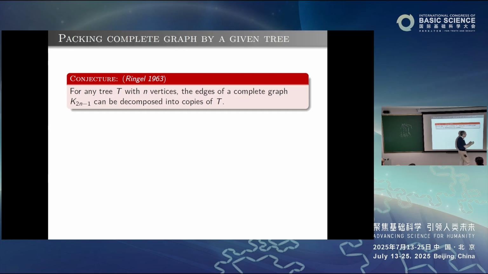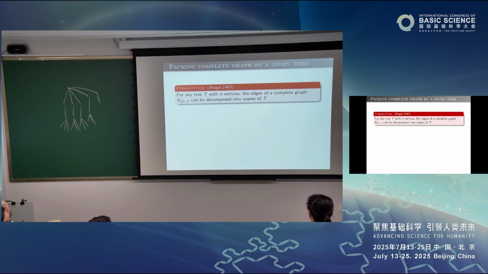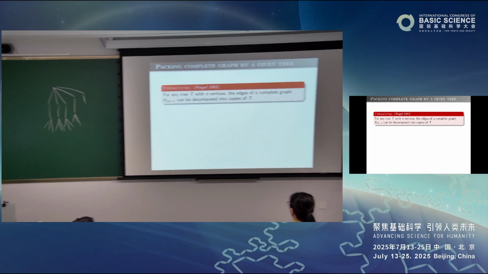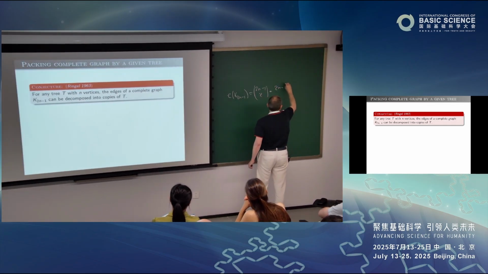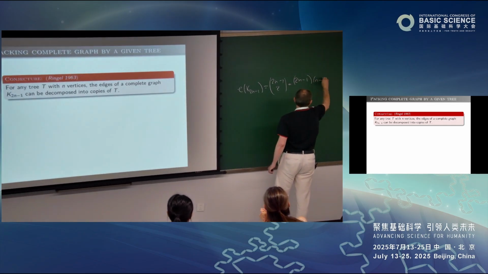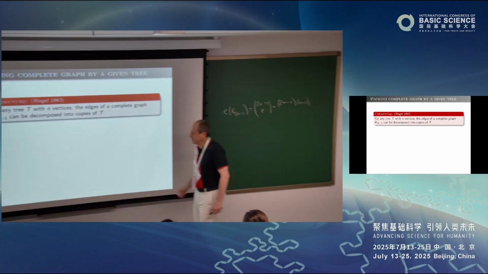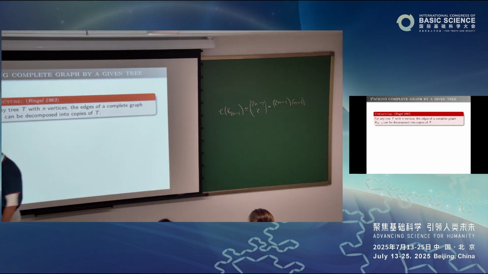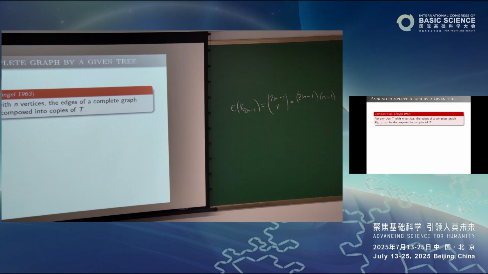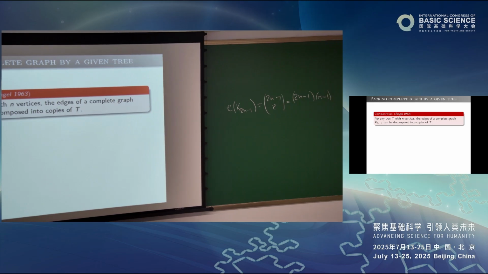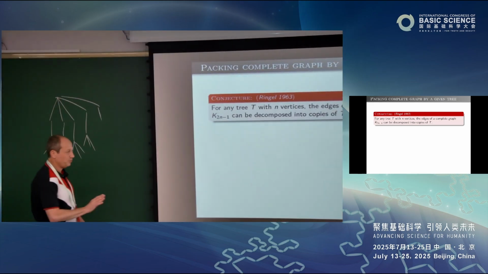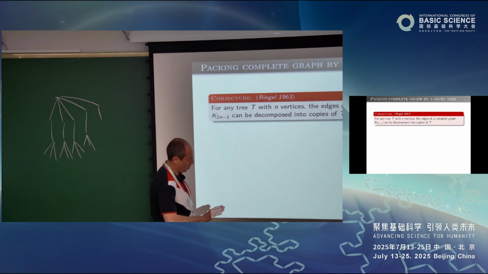The complete graph on 2n minus 1 vertices has (2n minus 1 choose 2) edges, which is (2n minus 1) times (n minus 1). Then Ringel said, pick your favorite tree on n vertices. This tree on n vertices has precisely n minus 1 edges. Again, arbitrary, there are exponentially many trees, any one should work.